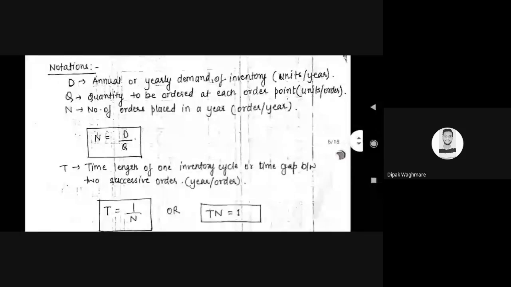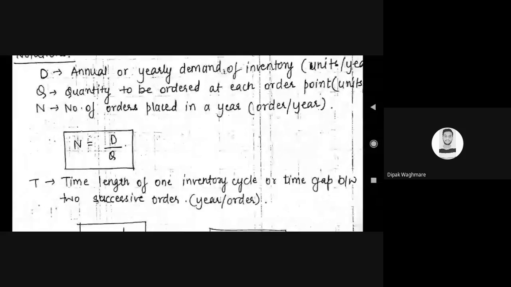Some notations are there. Annual demand, which we will see in the problem. Q is the quantity to be ordered, the order quantity. N is the number of orders placed in a year, or the total number of orders.